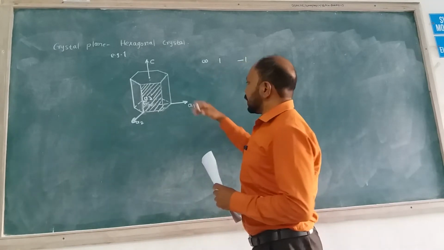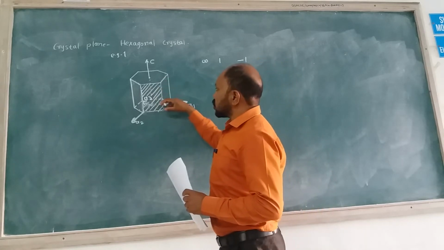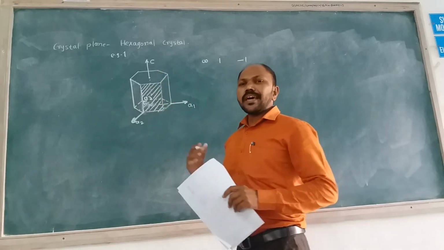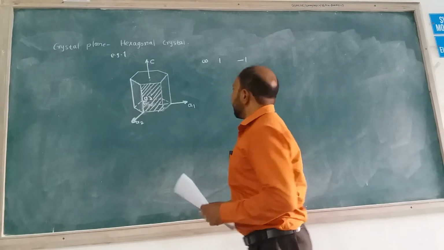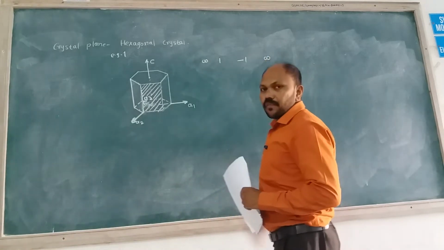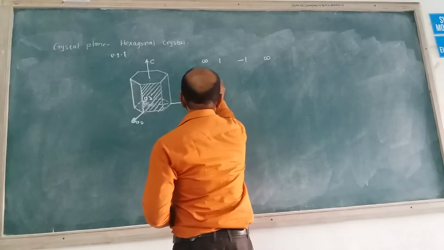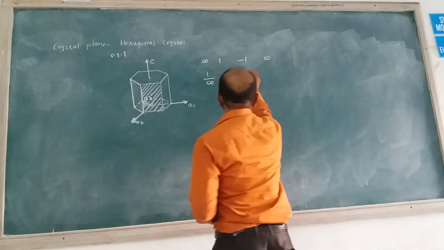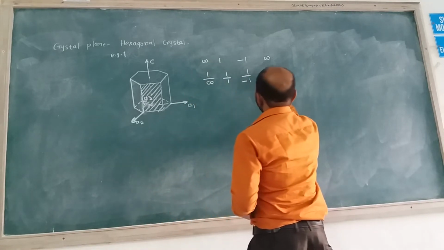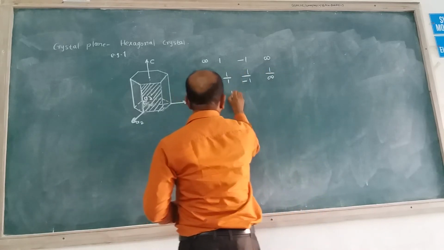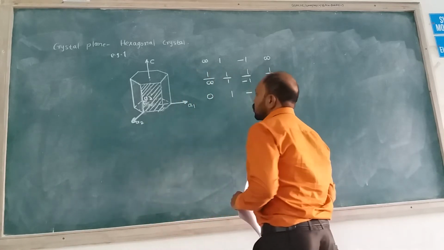Next, the C direction is parallel to this shaded plane, so this value becomes infinity. Now our next rule is taking the reciprocals, so 1 upon infinity, 1 upon 1, 1 upon -1, 1 upon infinity. So the values become 0, 1, -1, 0.